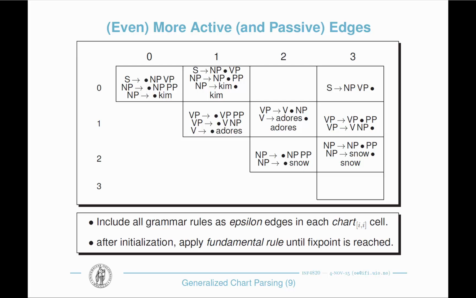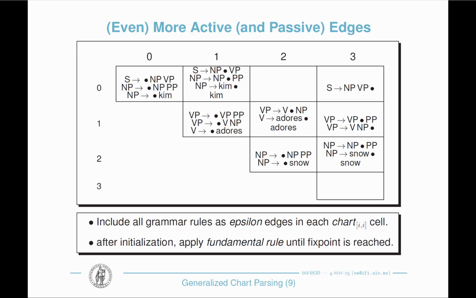Well, in principle, if I put all grammar rules into the chart, then I should also have VP goes to VP PP here, right? I've actually only put those into the chart cells that are useful at that position. So I'm not showing you all of the epsilon edges.